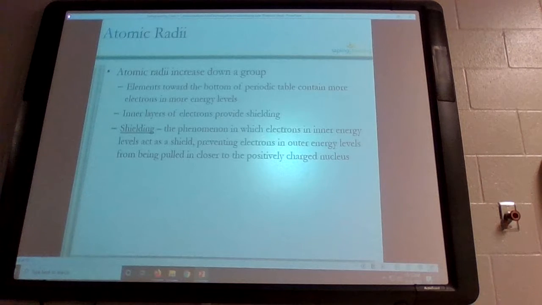If you get a certain amount of groups with just electrons kind of everywhere, these electrons will kind of block out that attraction to the protons for your outer electrons that are further out. So on this outer shell, if you have a whole bunch of different shells of electrons, they're going to kind of shield these outer electrons from the pull of the protons, which is going to help the atom be bigger. And so that's what shielding does.